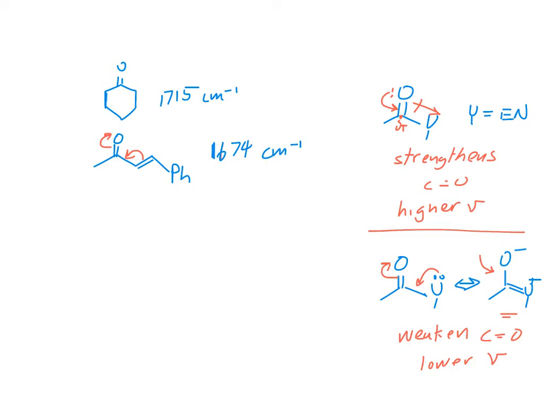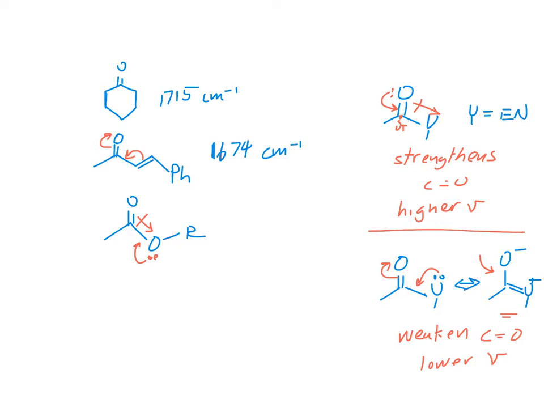Okay. If we have an ester, right, we have a more electronegative atom, but there are non-bonding electrons on that atom as well, right? So these two factors are kind of opposing one another.